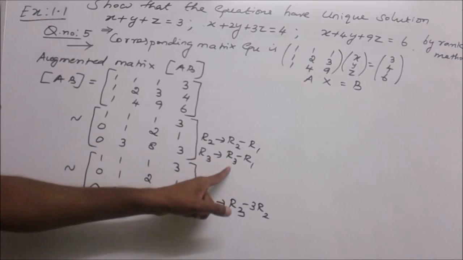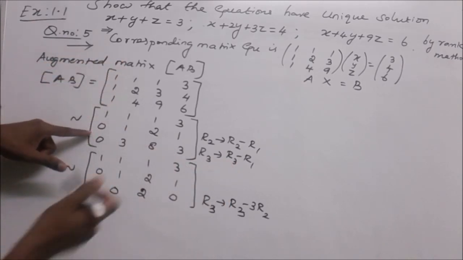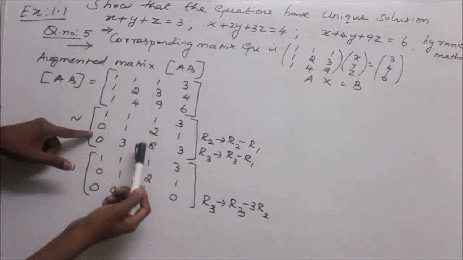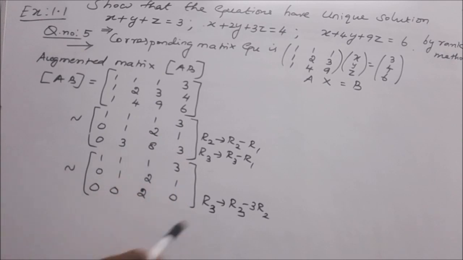Now I am choosing R3 and R1. R3 minus R1 means 1 minus 1 is 0, 4 minus 1 is 3, 9 minus 1 is 8, 6 minus 3 is 3. This is a very simple calculation, so you can directly write it. Just work it out at the side and then write the answer. It will be easier.